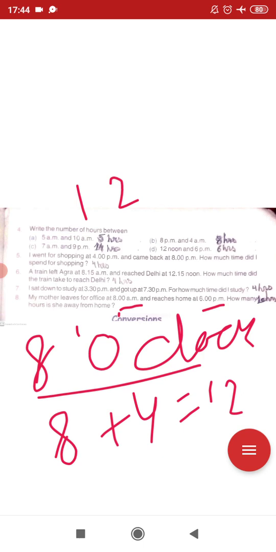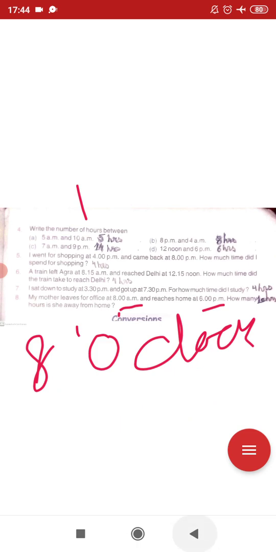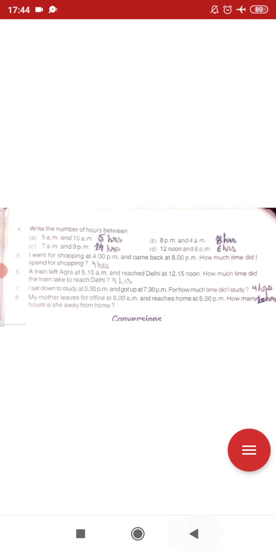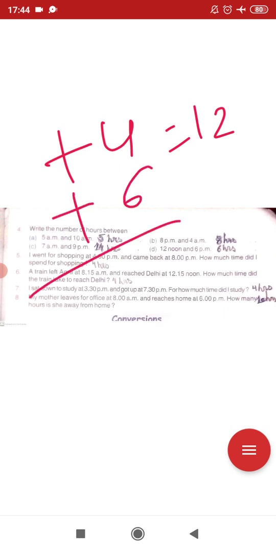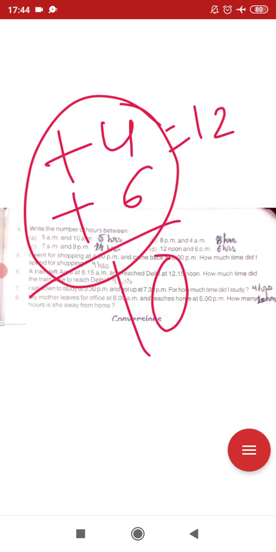So just add 4 and 6. So 4 plus 6 equal to 10. So 10 hours will be needed. 8 a.m. plus 4 hours, that means 12 noon. And then 12 noon to 6 p.m., how many hours? 6. So total we are getting 10 hours.